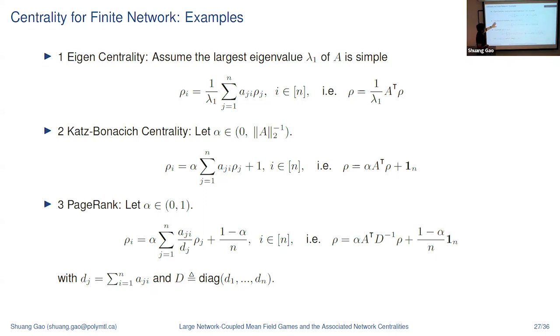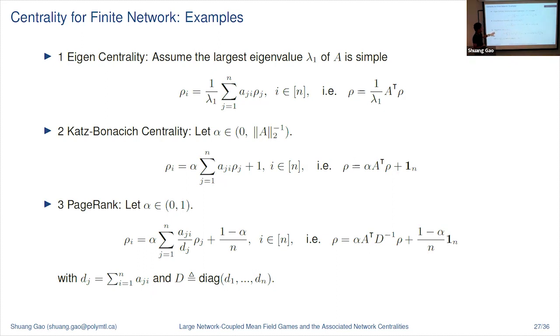And the Bonacich centrality is that you look at your neighbors, and you do a weighted average of your neighbors' centrality values, plus some offset, and this produces a value for yourself. So this means my centrality depends not only on the number of nodes I am connected to, but also on the quality of the nodes that I am connected to.